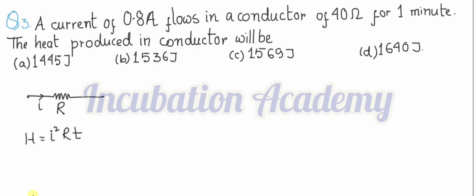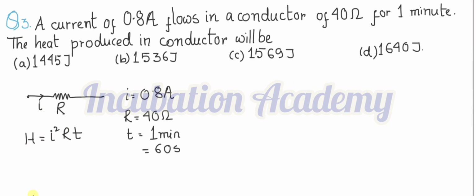So here the current flow is 0.8 ampere, the resistance of the conductor is 40 ohm, and the time of flow is 1 minute, that means 60 seconds. Because minute is not the SI unit, you have to convert it into the SI unit, as ampere and ohm are all in SI units.